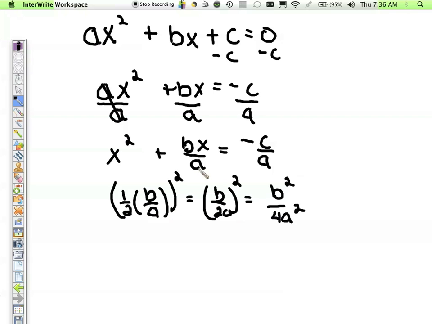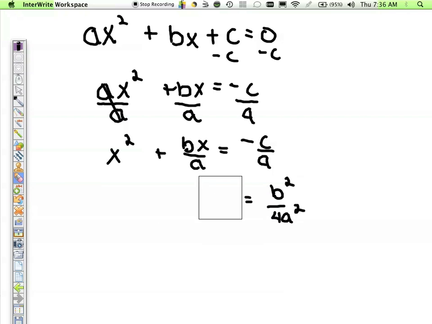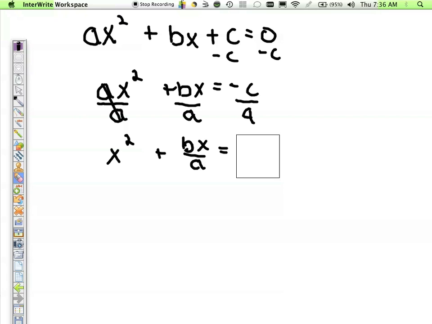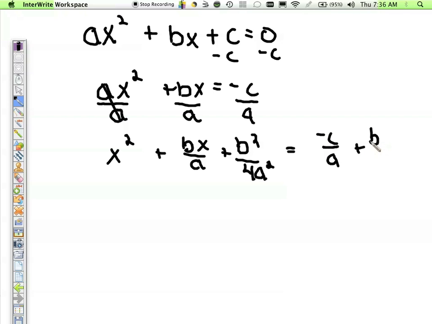Now I just want to add that to both sides of my equation. The reason I have to add it to both sides is to preserve equality. So x squared plus bx over a plus b squared over 4a squared equals negative c over a plus b squared over 4a squared.